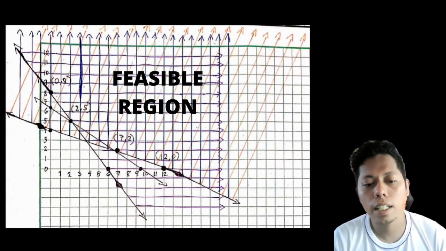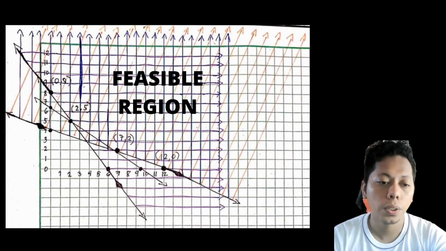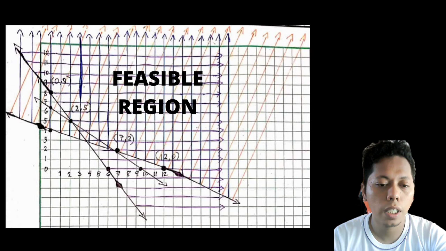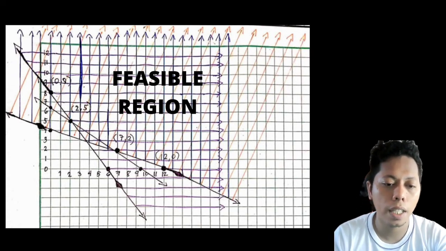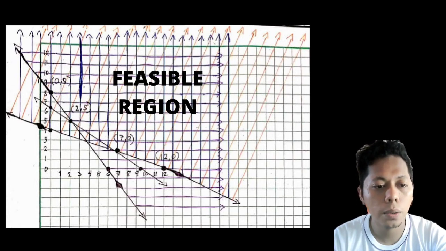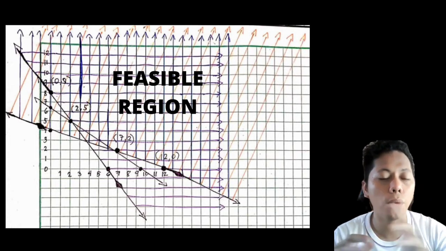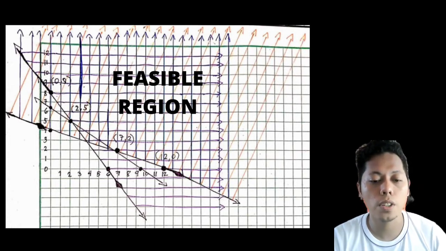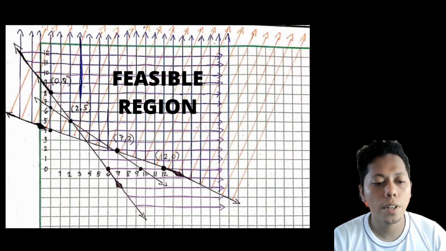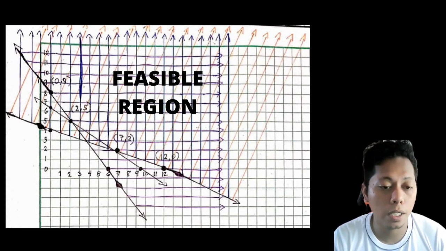So let's go back to the graph of our example number 2. As you can see here, the feasible region is above, or the shaded part of (2, 0), (7, 2), (2, 5), and (0, 8). So basically, those are the regions where all the numbers covered can be used to solve the equation, and the answer will be true.